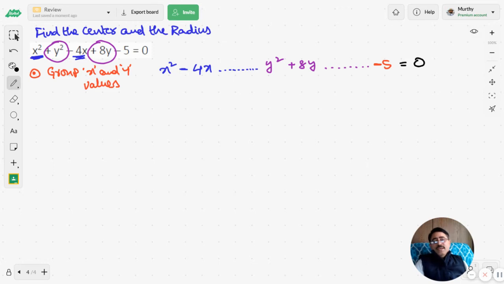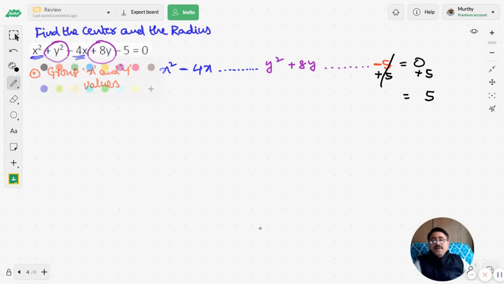My step 1 is to write x values together and y values together. At the end, I copied whatever the constant value is. The first and foremost thing is to eliminate the constant value. Here I see negative 5, so take positive 5 on both sides. These two get cancelled, then you get 5 here.